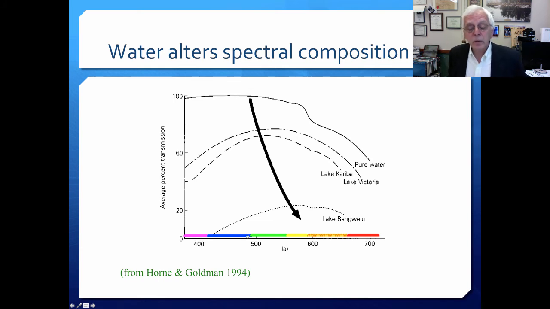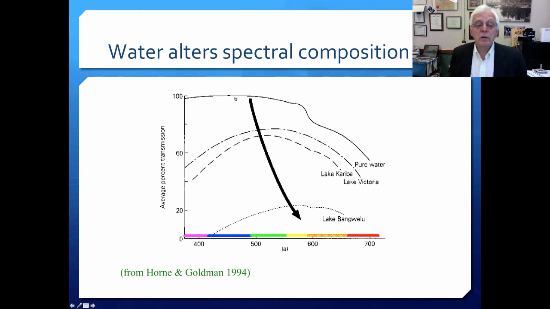So that water will never look blue to your eye if you're looking through it, even if all the particles are taken out of it. It will tend to look much more green to yellow to brown, depending on the intensity of absorbance and the exact kind of material that is dissolved there. So water and its composition alters the spectral composition of light, as well as the percentage transmission.